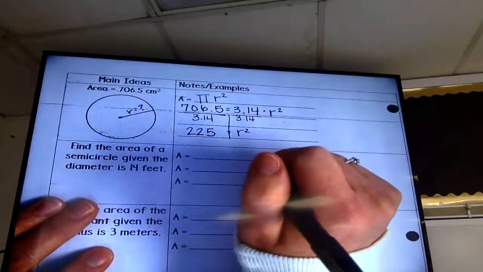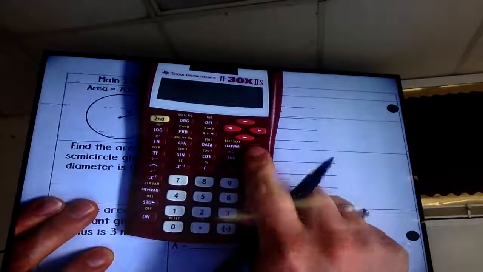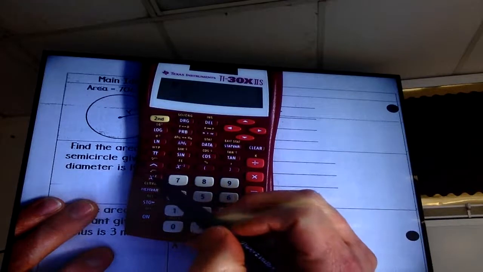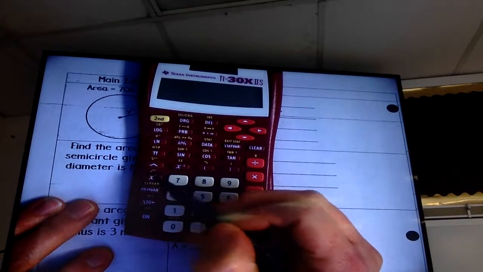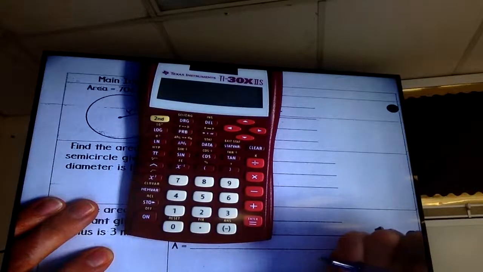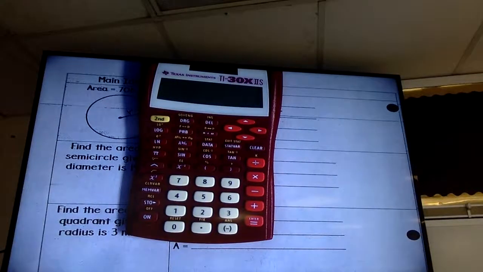I want just my radius. Some of you have actually asked me about this button on my calculator. Right above the x squared button, it looks like a check mark with an extension to it. That's what we call the square root button. A square root is the opposite of squaring. Squaring is saying something like 6 times 6 equals 36.